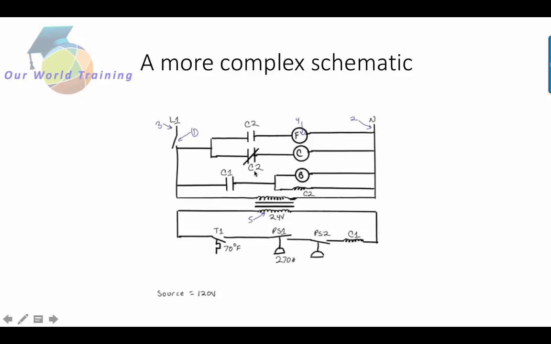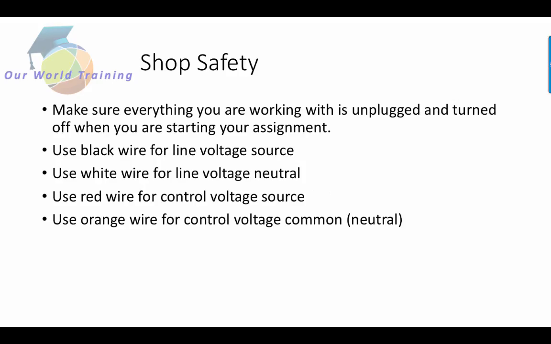So C2, C2, and C2 all work together because it's one device. C1 and C1 down here is a different device. PS1 and PS2, two different devices. So we'll talk more about these symbols as we move forward.